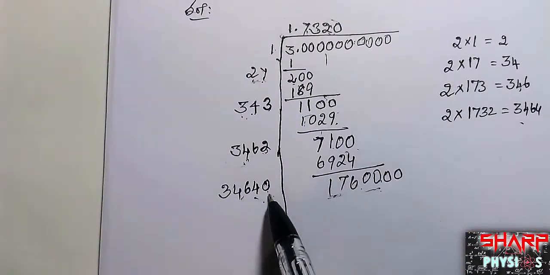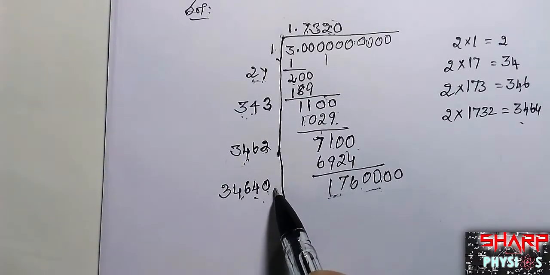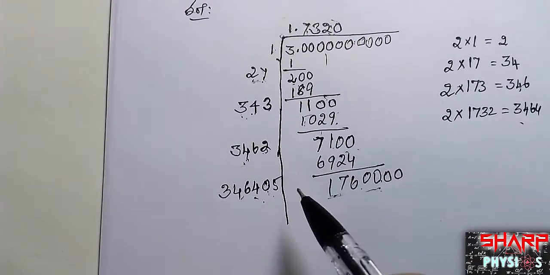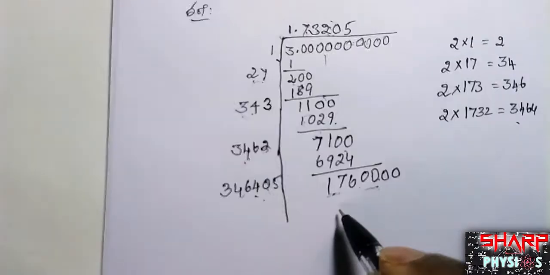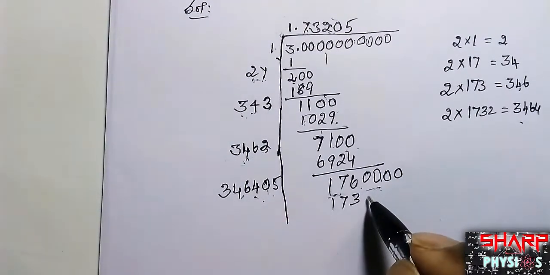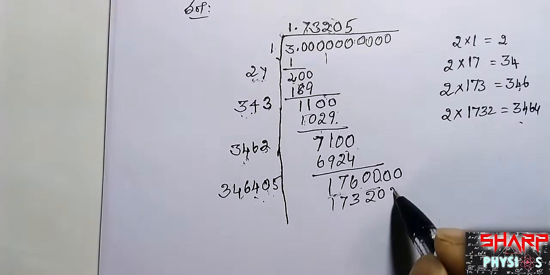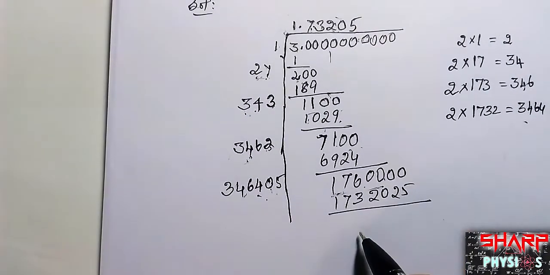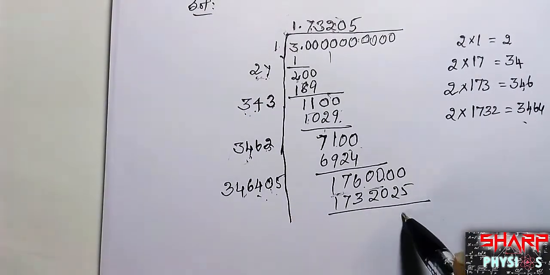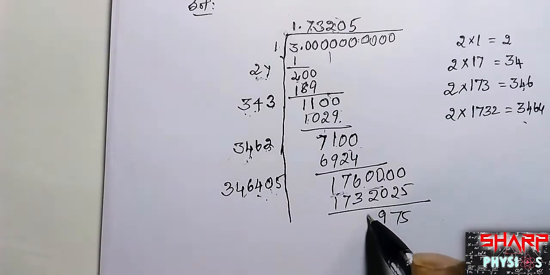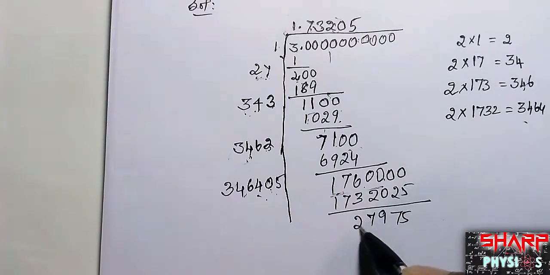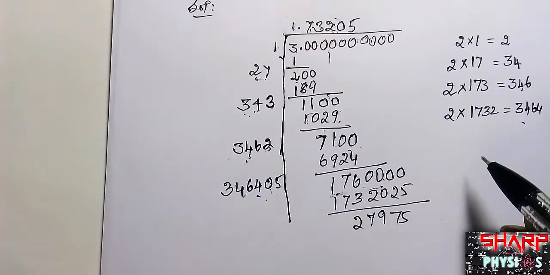So we are going to again multiply 2, 3, 4, so 5 is coming almost near, so write 5 here and you get a balance 1732025. When you subtract it, you get 57972. So the number keeps on going like this.